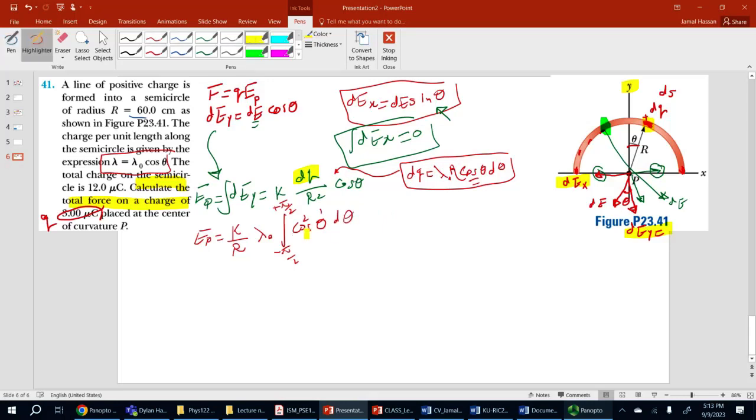We simply need to find this integration. We could use the identity and write cosine squared theta as 1 over 2 plus 1 over 2 cosine 2 theta.